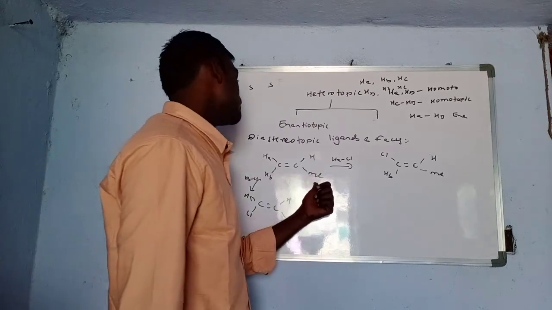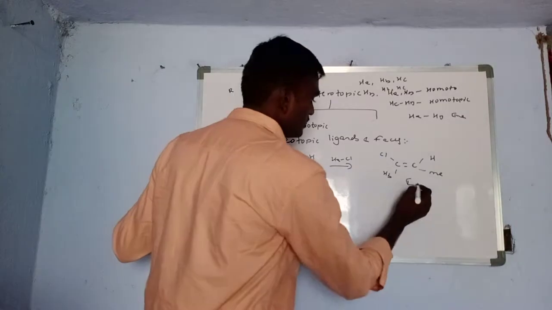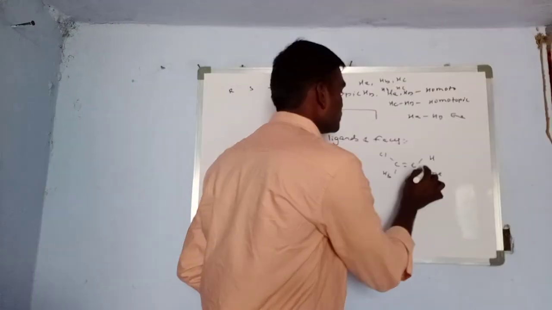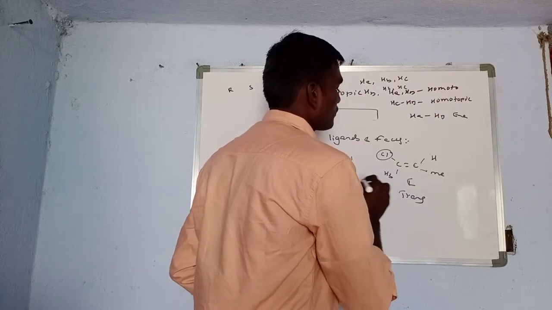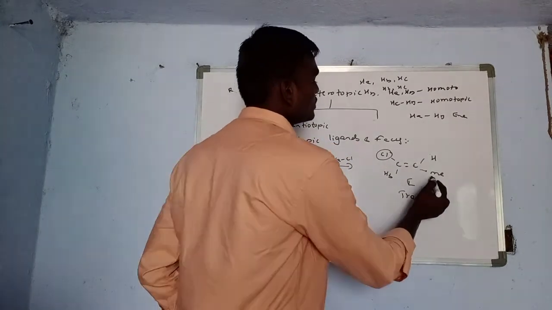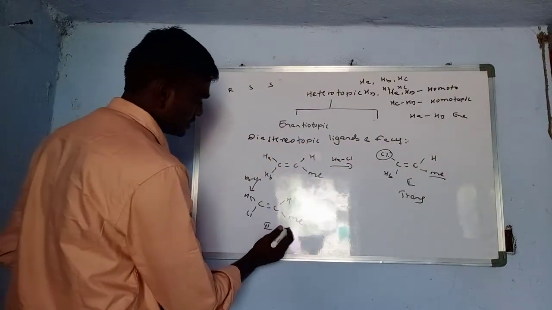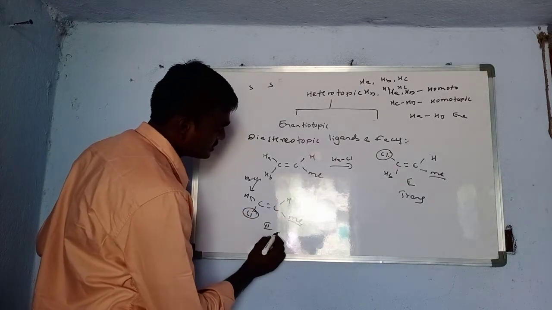With respect to this methyl group, here in structure 1 and structure 2. In this structure, with respect to the methyl group, the chlorine atom will be trans. And in structure 2, with respect to the methyl group, the chlorine will be cis.